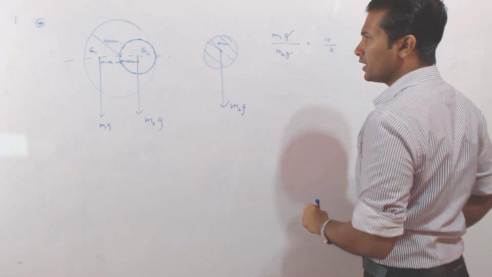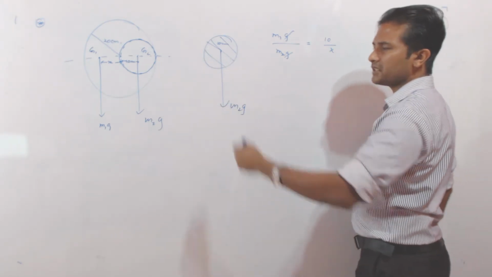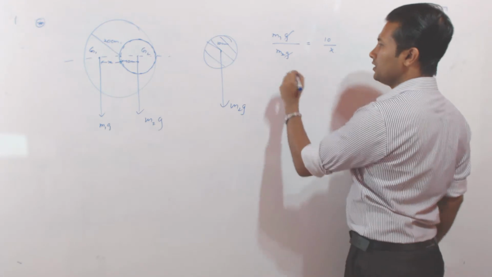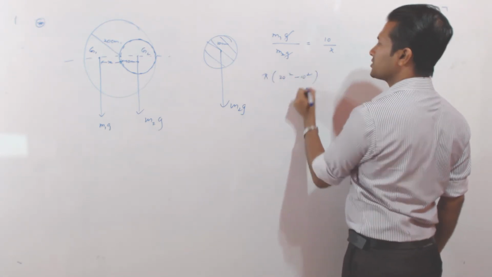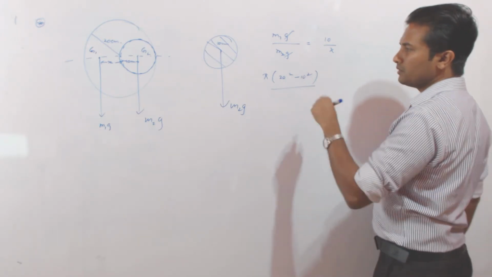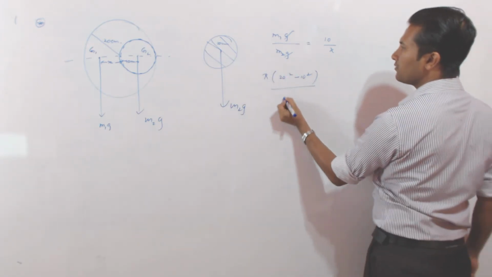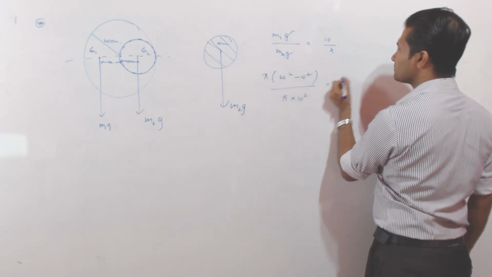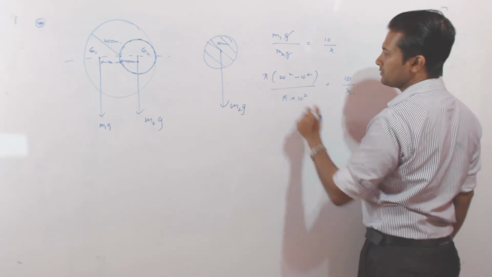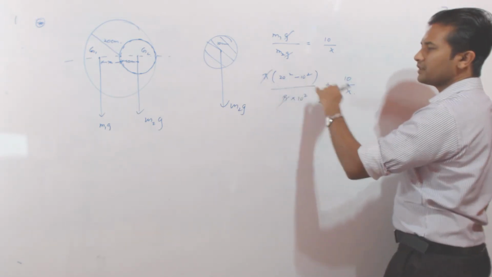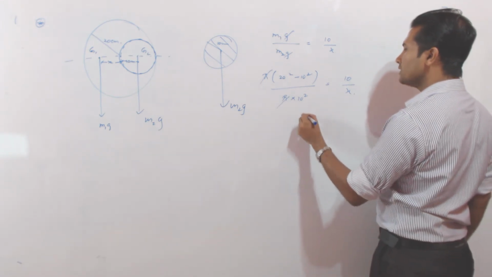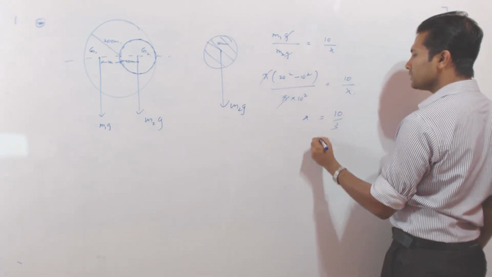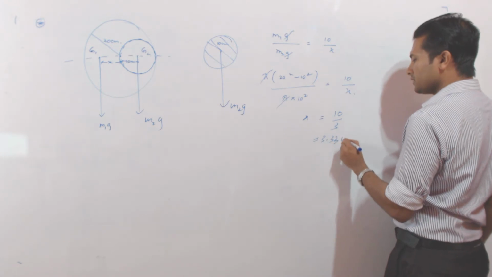What is m1? We can take the mass as directly proportional to the area. So the area is pi into 20 square minus 10 square, divided by m2, that is the removed one, pi into 10 square. So pi cancels. This is 400 minus 100, 300, divided by 100. So x equals 10 divided by 3, which means 3.33 centimeters.